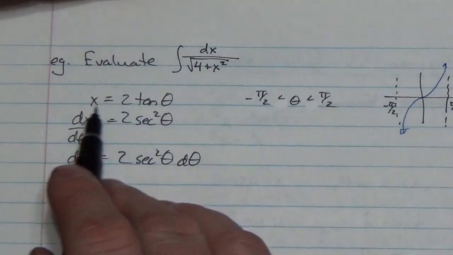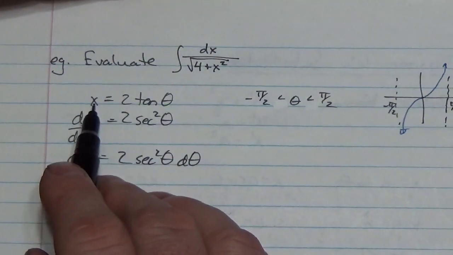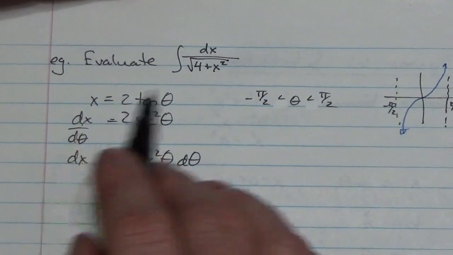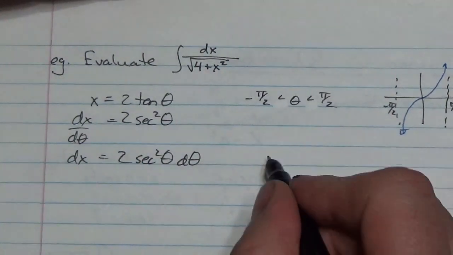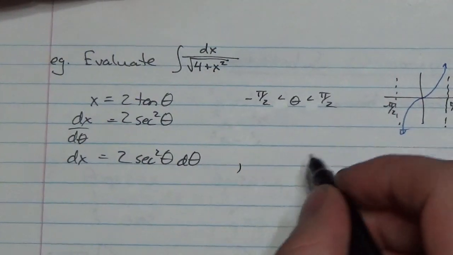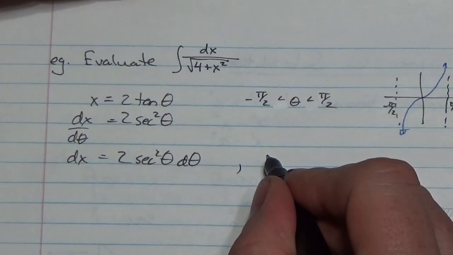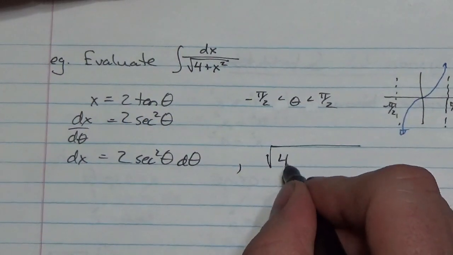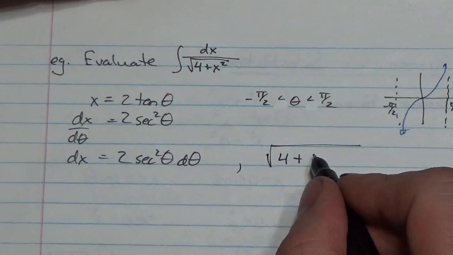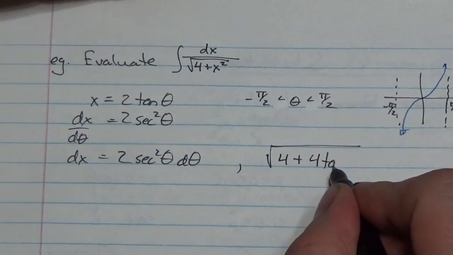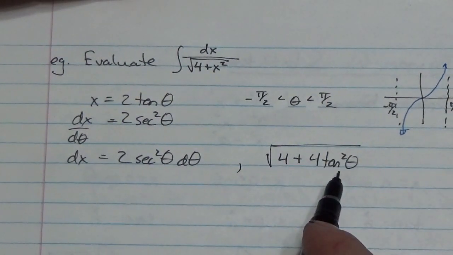Additionally, notice that when I plug 2 tangent of theta in for x in the expression here, we get the square root of 4 plus what will end up being 4 tangent squared of theta.